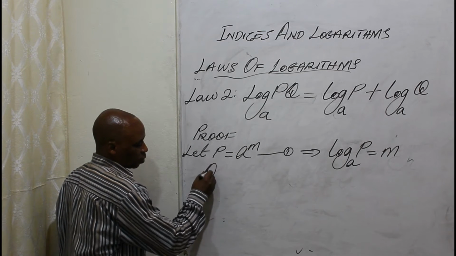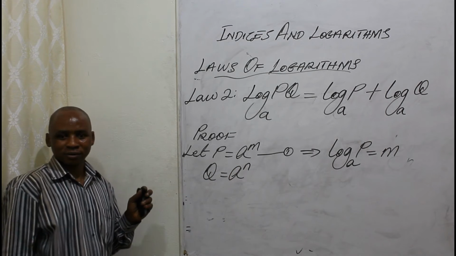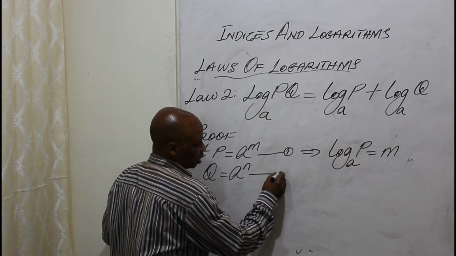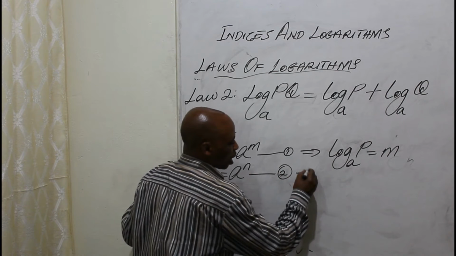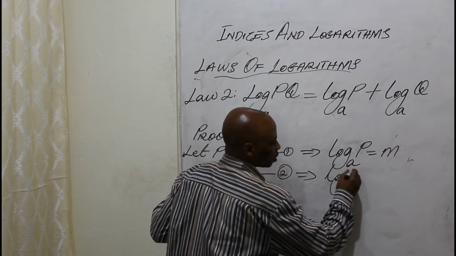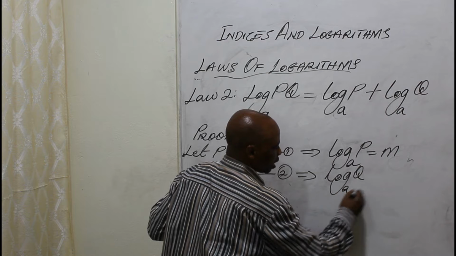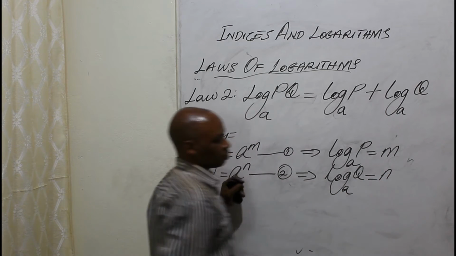Likewise, if q is equal to a raised to the power n, being equation 2, then in logarithms, it will be the log of q to base a being equal to n.